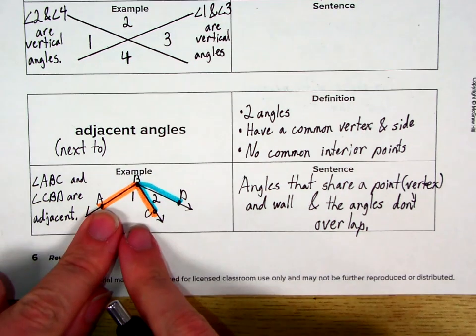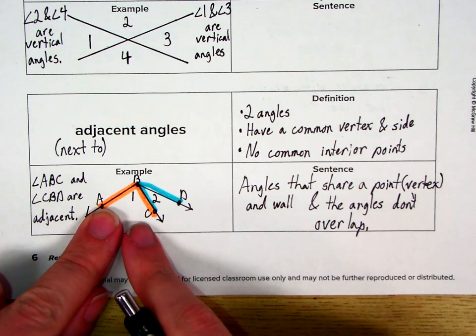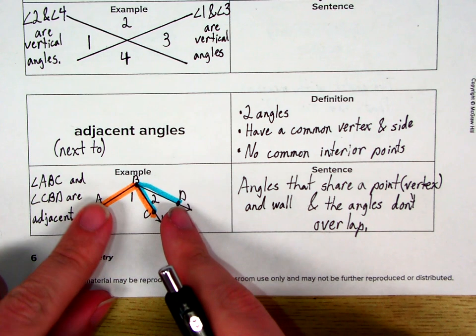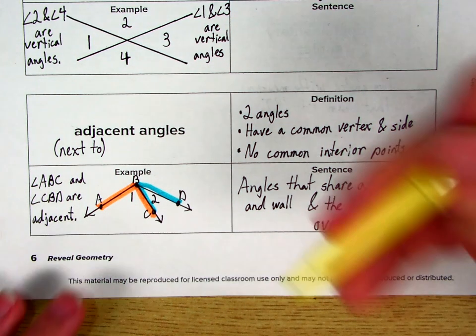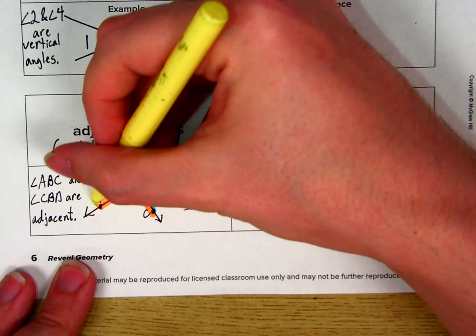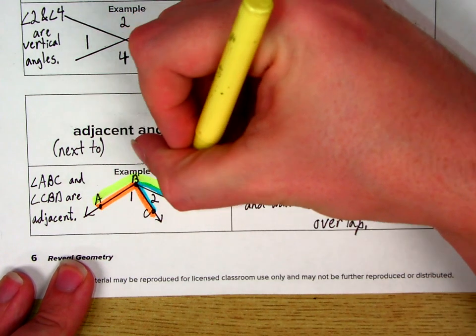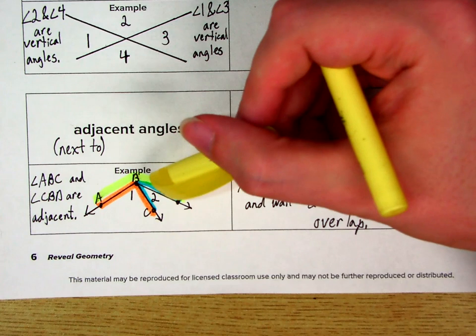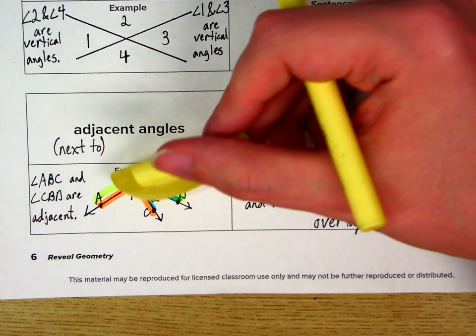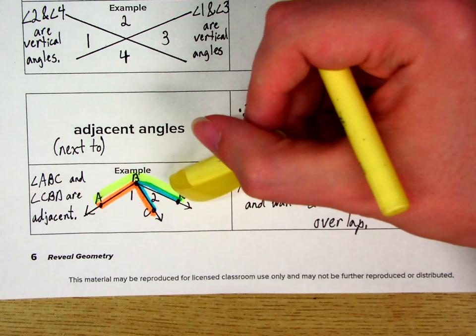Notice that none of the orange here is overlapping with the blue. If I wanted to talk about ABD as an angle, the blue and the yellow are overlapping. The yellow would be overlapping the blue.